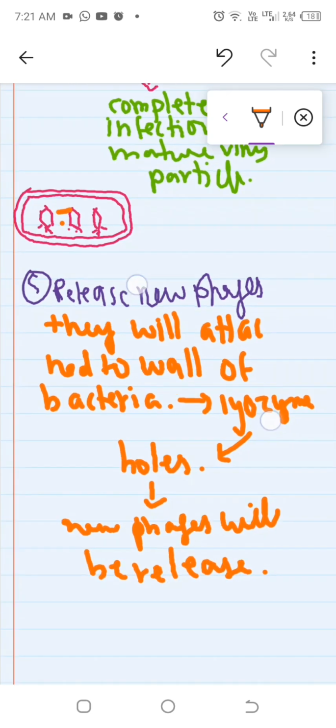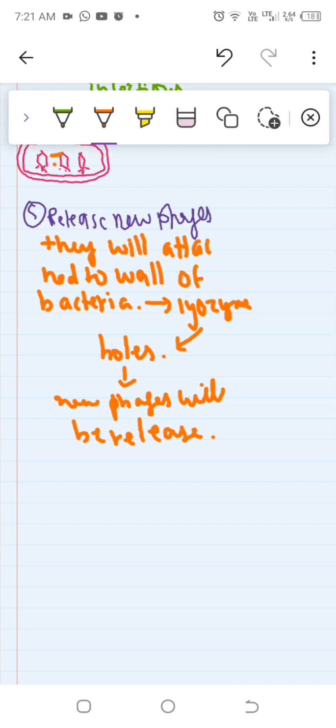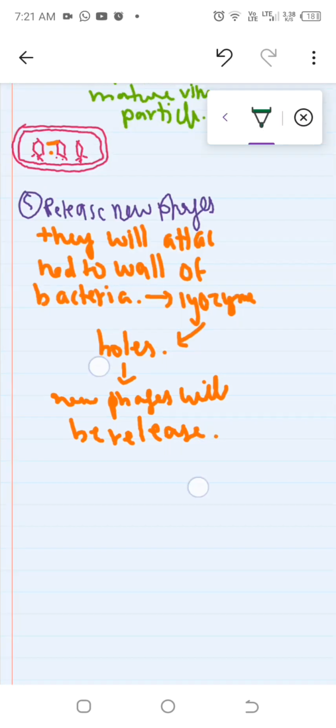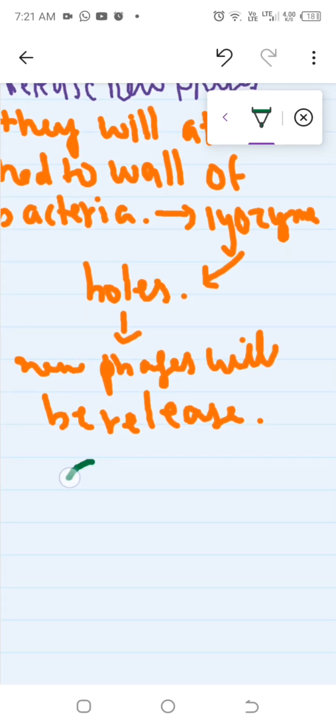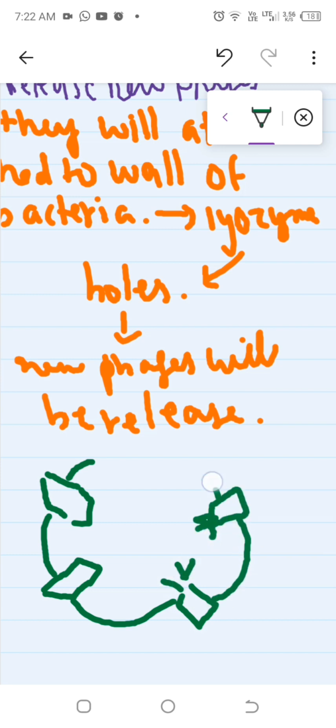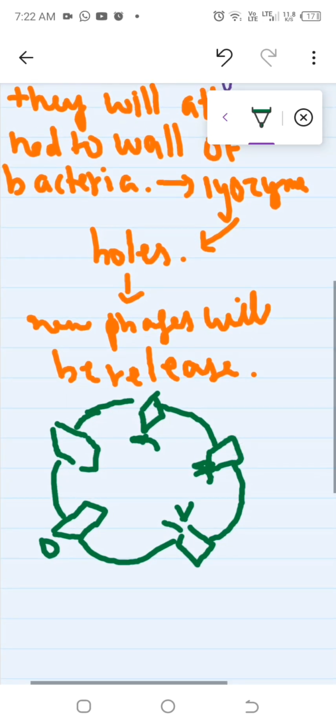So if I can draw here how these are released, here you can see. This is how, by doing the lysis, the phages will be released, and they will again infect another bacteria.